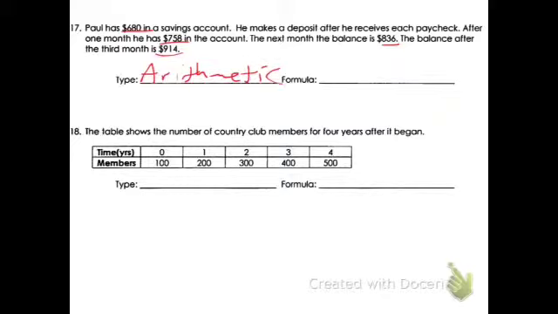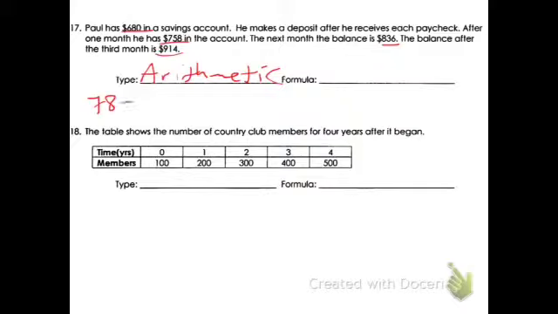And if he's adding the same amount, so let's figure it out real quick. To figure it out, you kind of just get the difference between each of the numbers there. So it's the difference from 680 to 758 is $78. And from 758 to 836 is also 78, and from 836 to 914 is also 78.